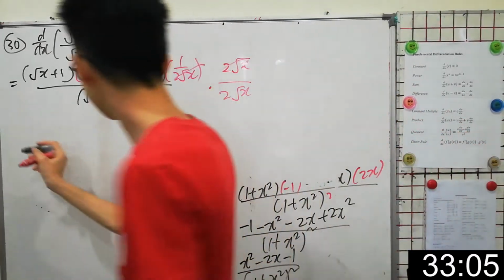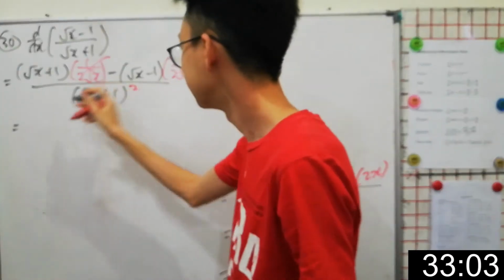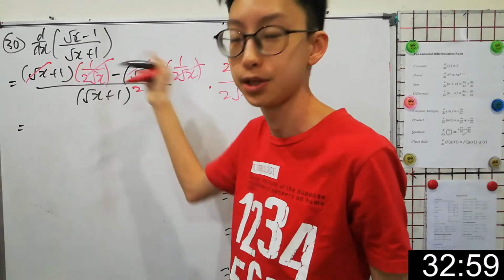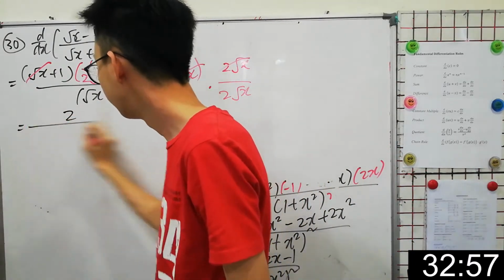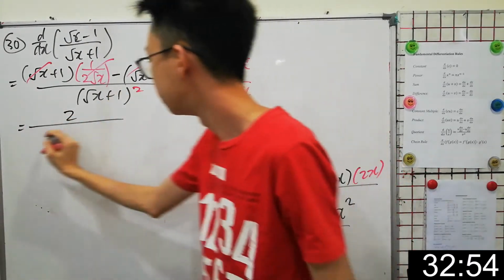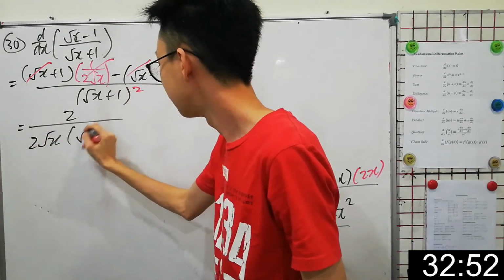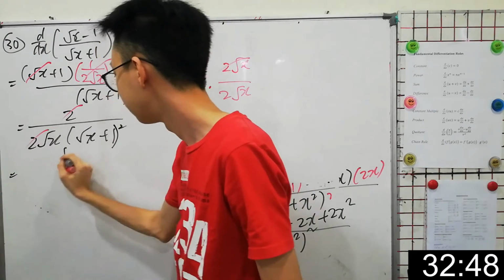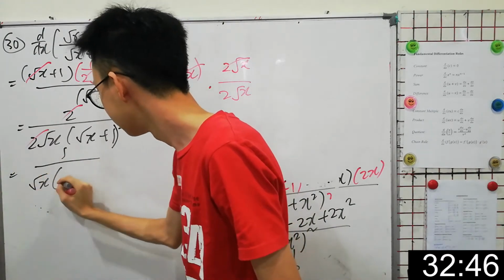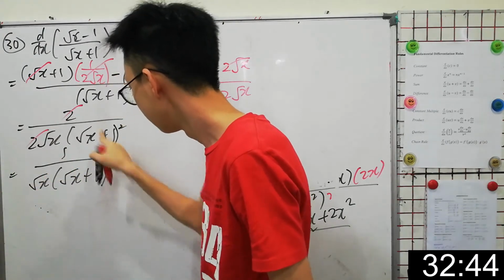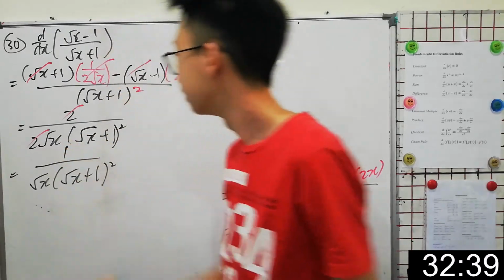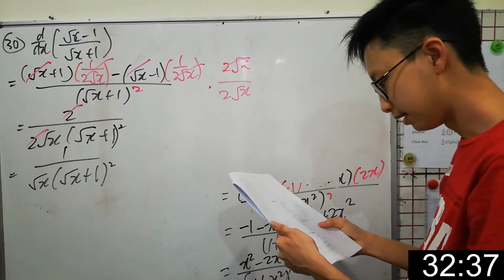Then this should be square root x minus x, because nothing. 1 minus 1 is a 1 plus 1, which is 2 over. Then remember we have a 2 square root x plus 1 squared. Then these 2 and 2 can cancel. It's 1 over square root x plus 1 squared. Okay, this is a 1. Right? Then number 31.